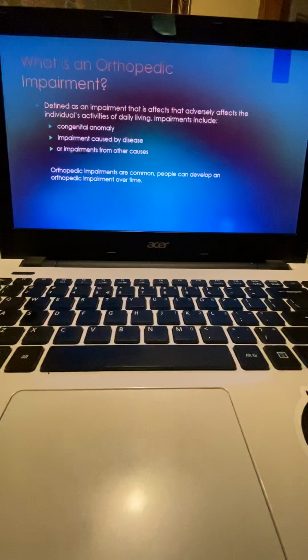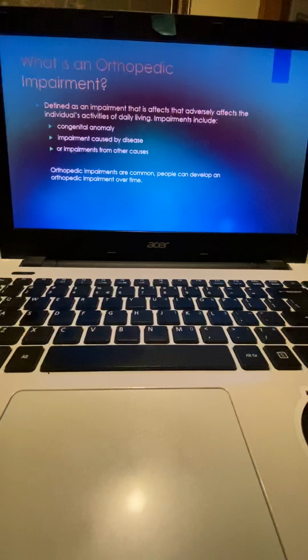So first and foremost, what is an orthopedic impairment? Well, by definition, this involves an impairment that adversely affects an individual and their activities of daily living. Some of these impairments can include what is called a congenital anomaly. Examples would be clubfoot or an absence of one of their limbs.